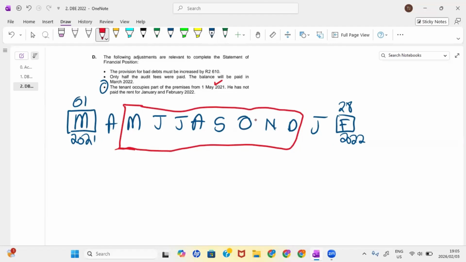So what's going to happen now? In this case, they are not necessarily testing the matching principle. The first thing that gives off matching principle is if you have received for the following financial year. However, in this case, there's nothing like that.